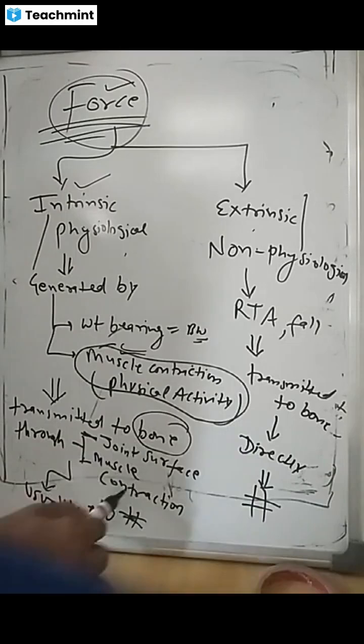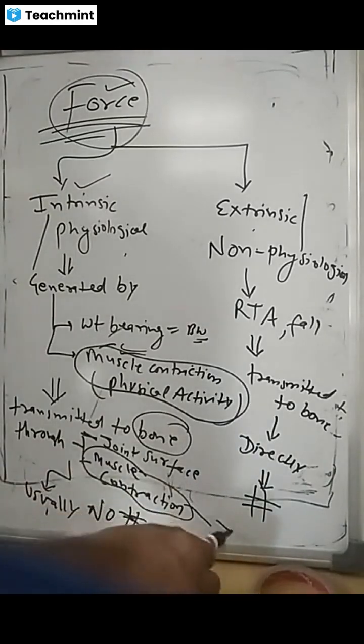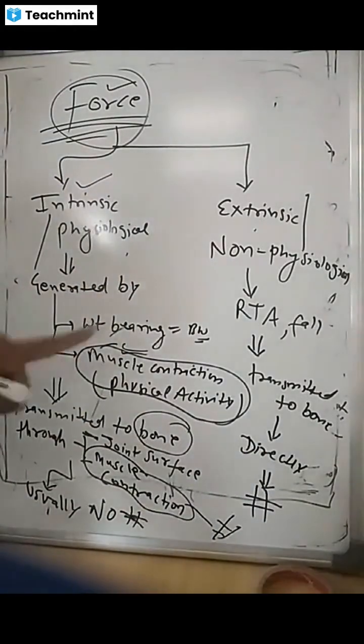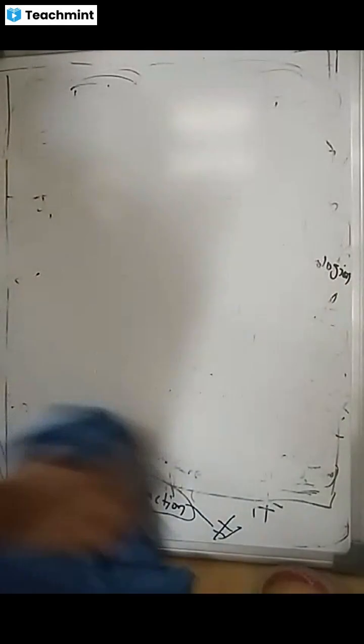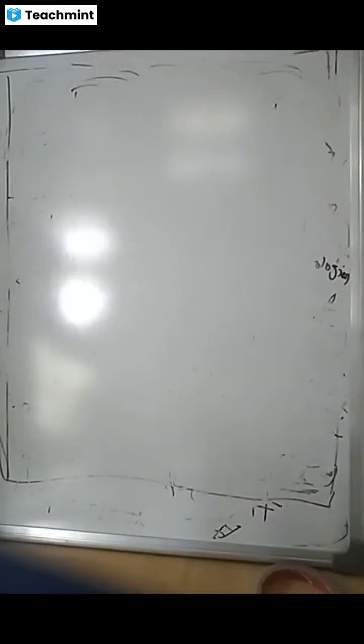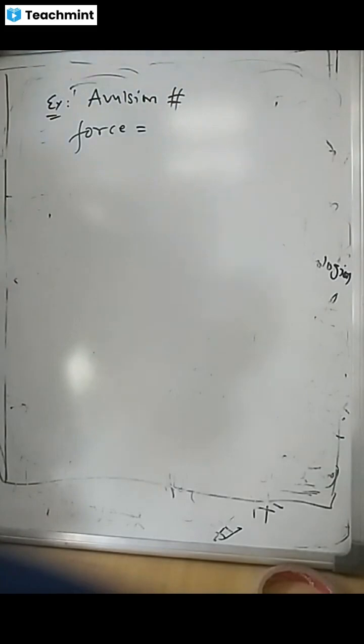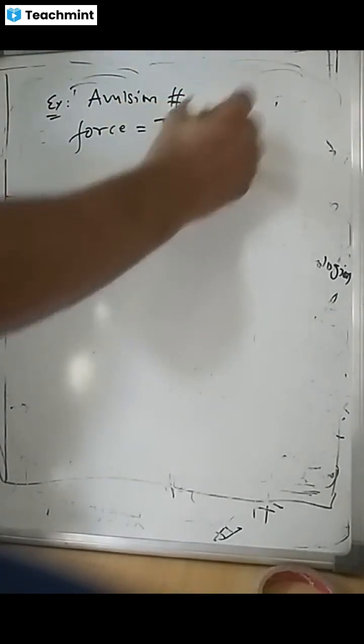First we see how one physiological force is generated by muscle contraction. The example is avulsion fracture, and the force is the tension force.